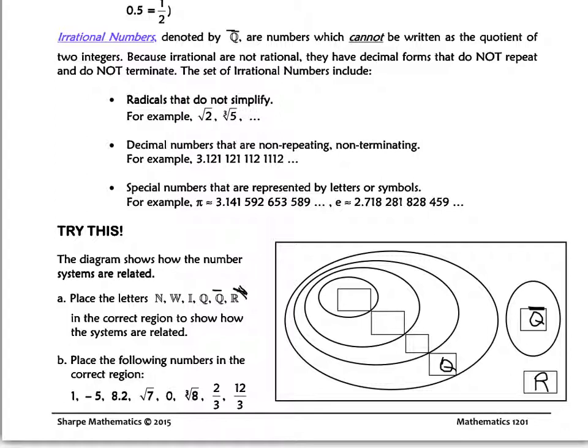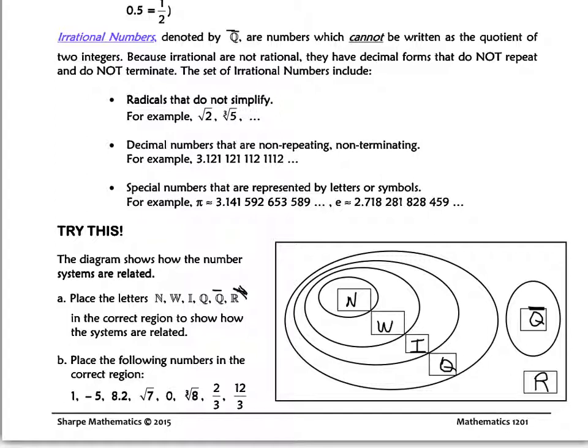The smallest of these sets would be the natural numbers, because that does not include 0. Then the whole numbers would include all the naturals plus 0, so that would be the next set. And then the integers would include your whole numbers and natural numbers, but also the negatives of the natural numbers, so that would be outside. And then of course Q contains all of those sets.